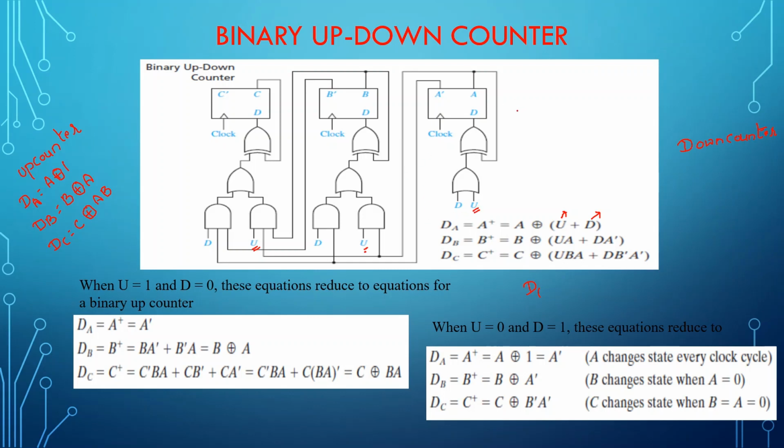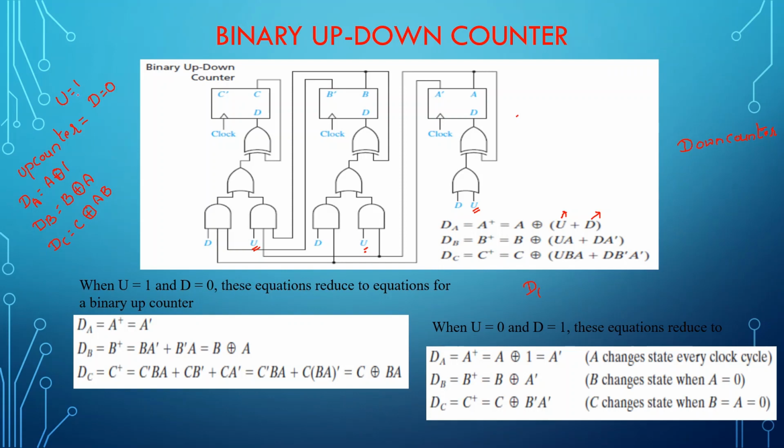What I can understand from this particular signal is, if you want your circuit to operate as an up counter, you need to make your U signal 1 and your D signal 0, which means the U signal is activated.